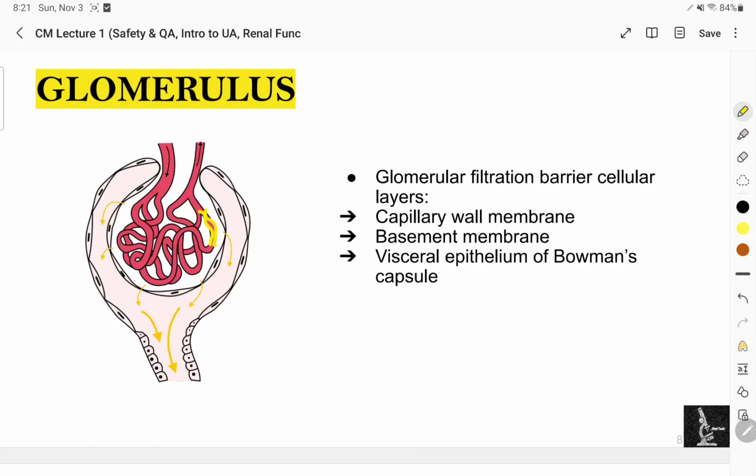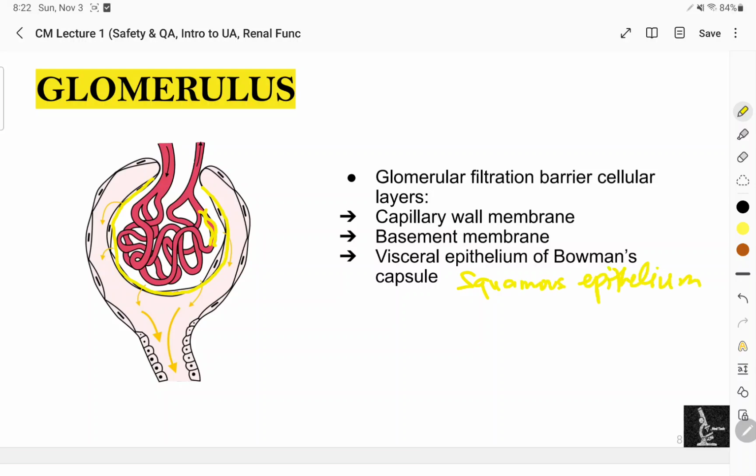And the wall of your capillaries sits on your basement membrane. Okay? And aside from that, the visceral epithelium of our Bowman's capsule. So, visceral meaning inner. So, what epithelium do we have in our Bowman's capsule? Visceral epithelium of our Bowman's capsule. This is your squamous epithelium.